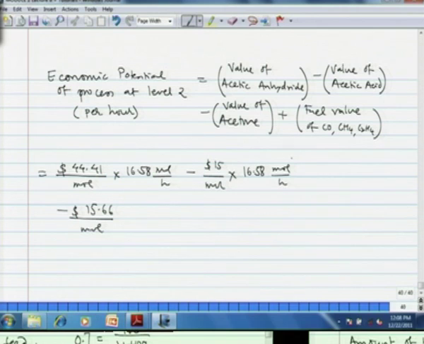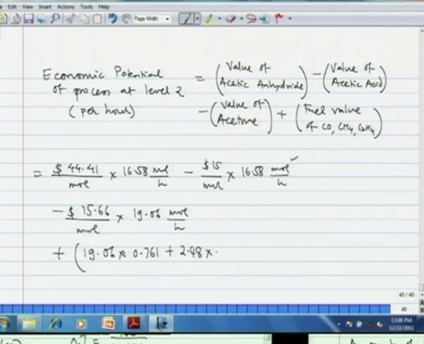This was the cost of acetic acid, now the cost of acetone into the consumption of acetone, that is 19.06 mole per hour, and plus the heat that we are going to recover through carbon monoxide, ethylene and methane.